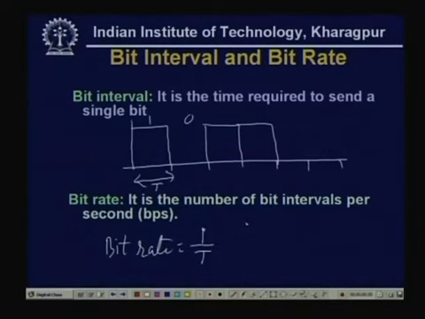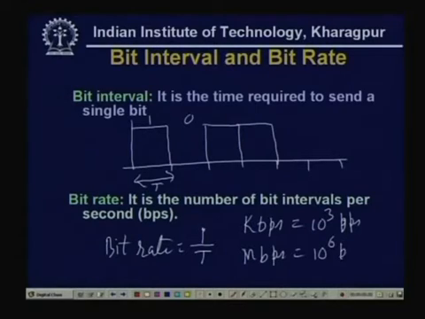It can be extended to kilobits per second, when you are sending 10 to the power 3 bits per second, or megabits per second, 10 to the power 6 bits per second, or gigabits per second, 10 to the power 9 bits per second. So these are the bit rates that are commonly used.